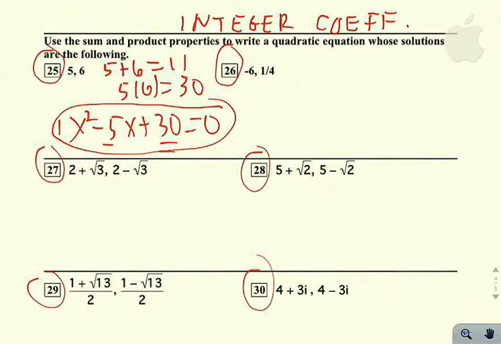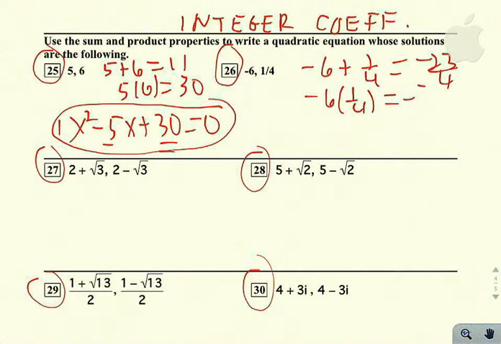Number 26, minus 6 plus 1/4 would be minus 23/4. And minus 6 times 1/4 is minus 3/2. So the equation would be x squared plus 23 over 4 times x minus 3/2 equals 0.